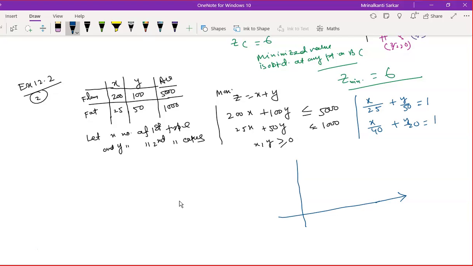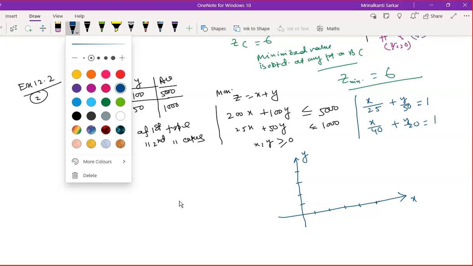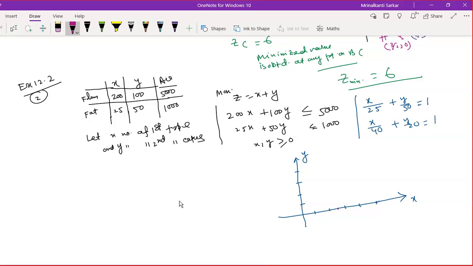Let us plot, with x in this direction and y in this direction. The first line has intercepts 25 and 50, so let us join these two. If you extend more, there is no problem.